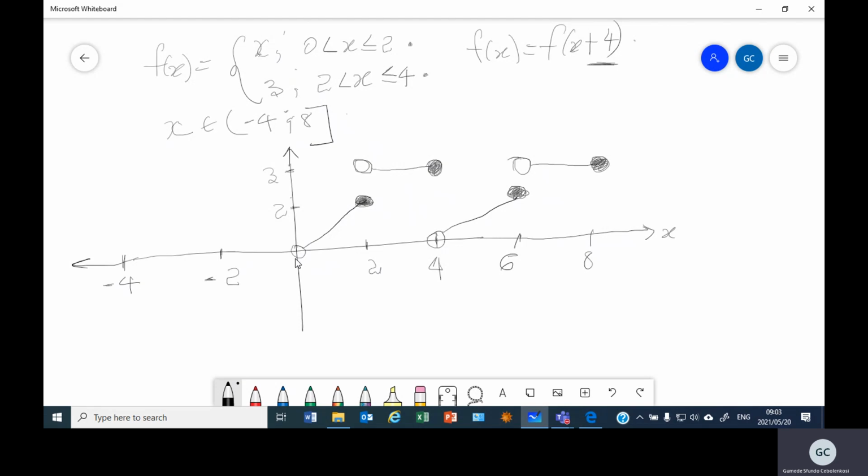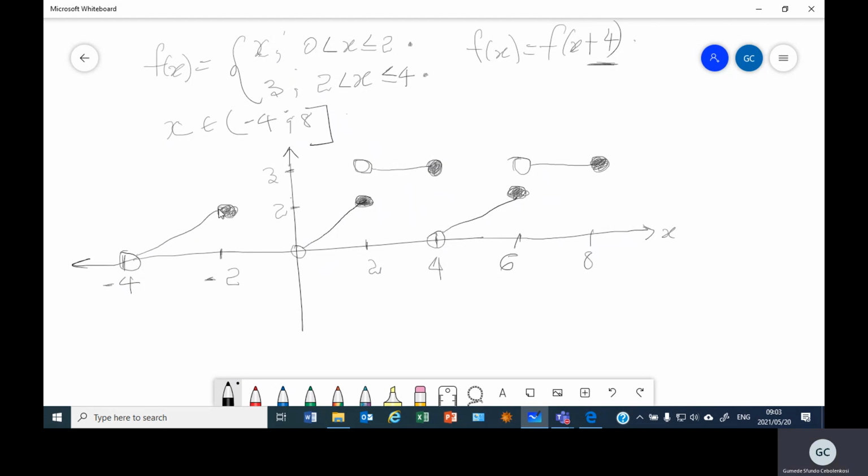This one was at x equal to 0. If it moves 4 units to the left, it should be here. This point will move 4 units to the left, and this point as well. So 4 units to the left is here.